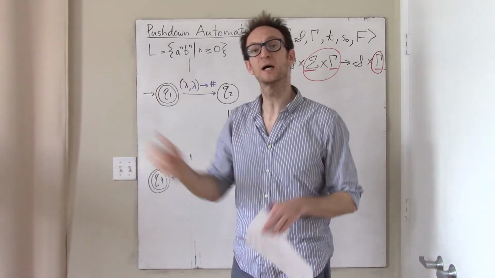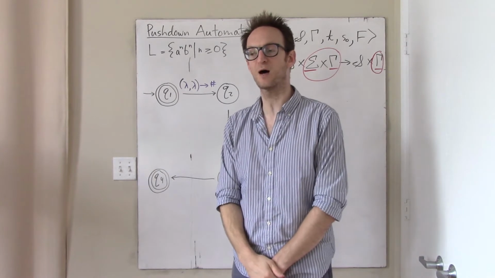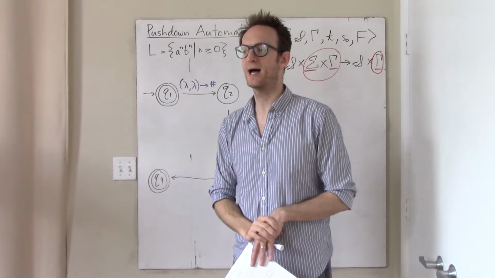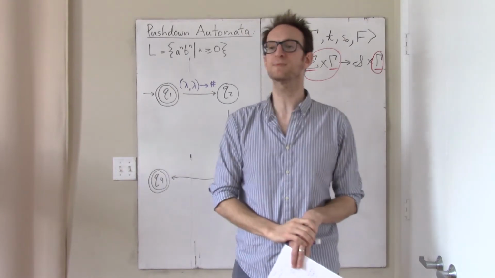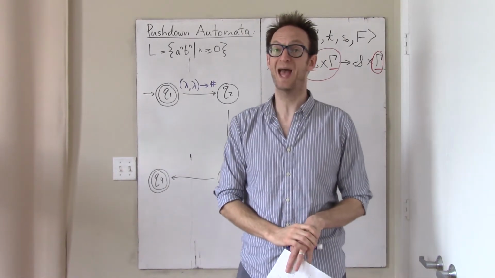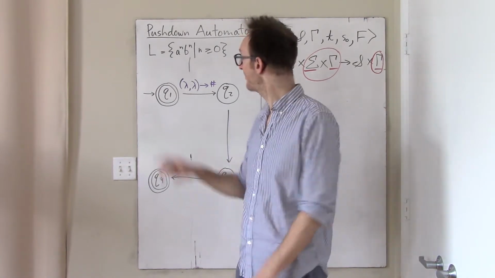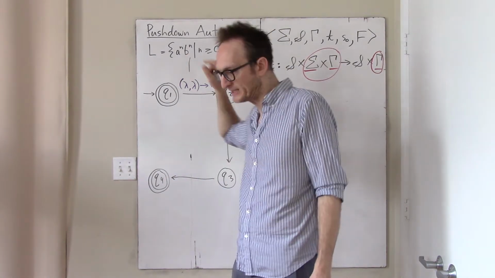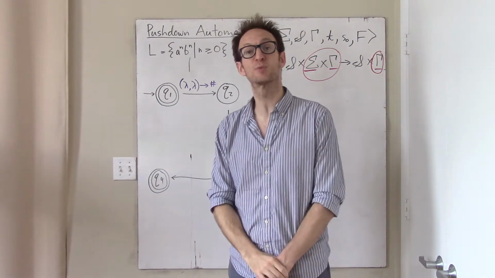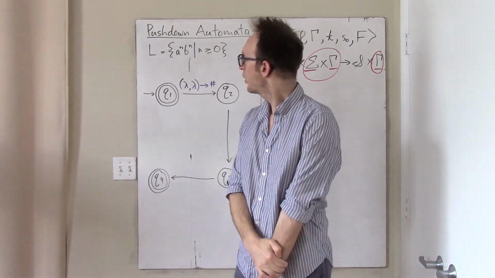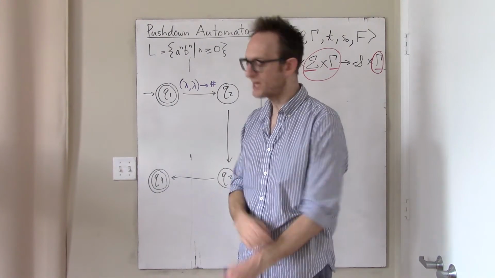As you read each B, you pop one of those characters off the stack, and if the string is to be accepted, you should end with yourself popping off exactly the same number of characters as you pushed on. That's a way of figuring out that there are the same number of B's as A's. Okay, so that's the big picture.